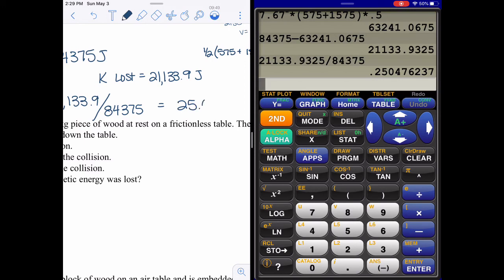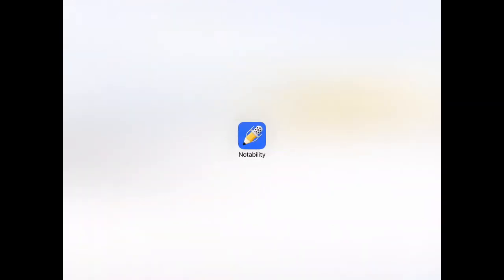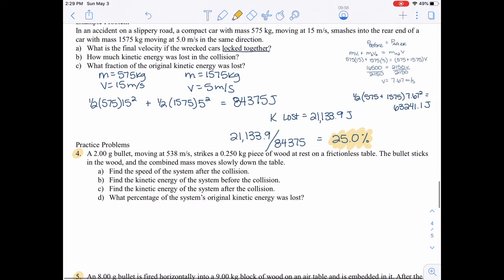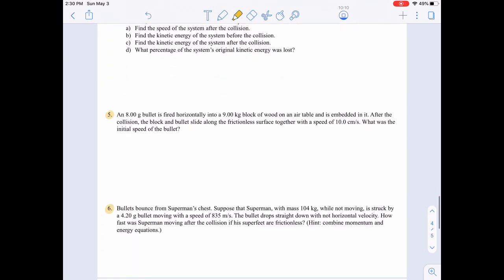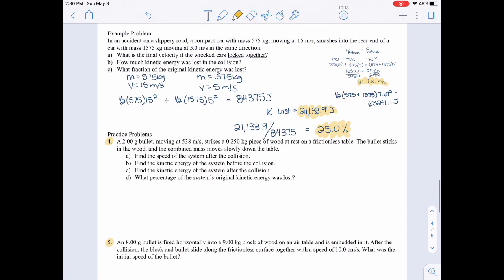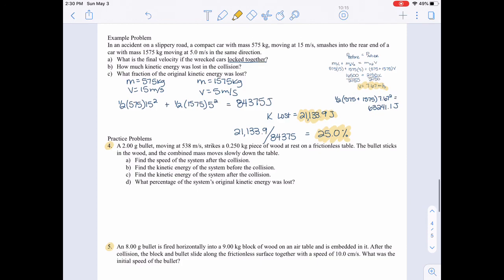And converting this to a percent, I have 25% of our kinetic energy was lost after the collision. So there are my 3 answers to A, B, and C. And now you have those 3 problems to do on your own that are very similar.